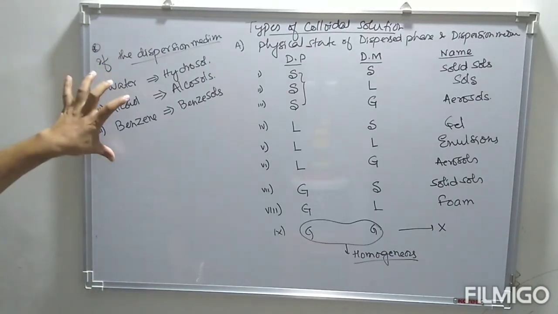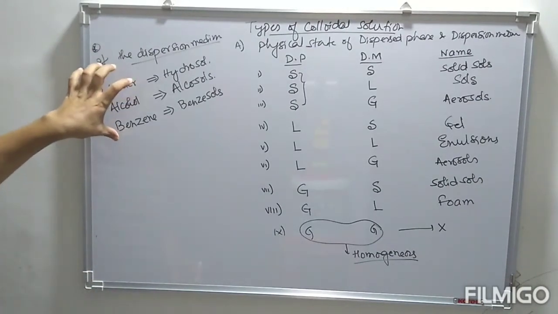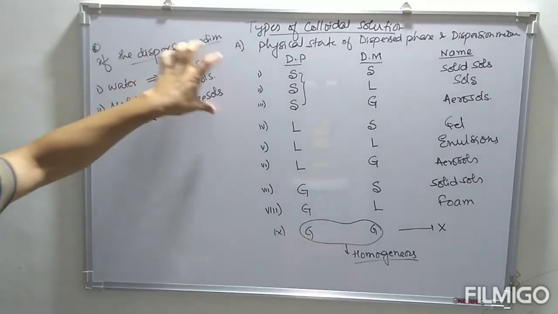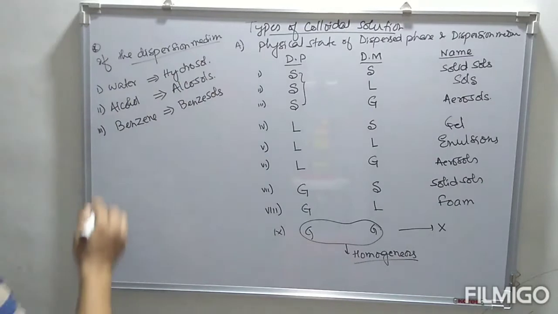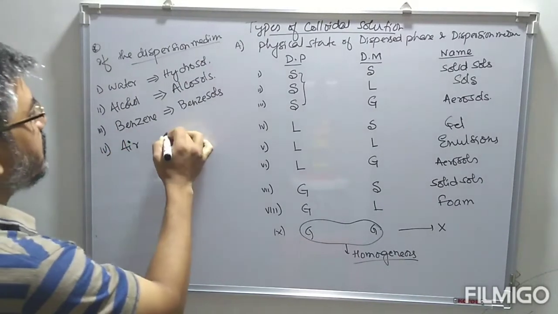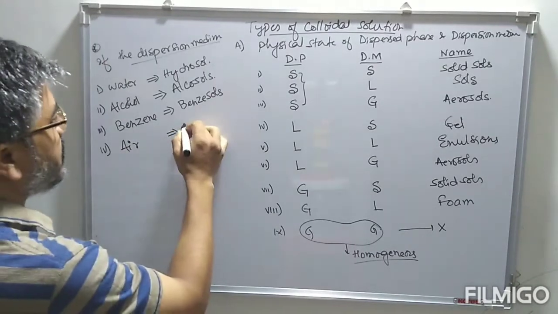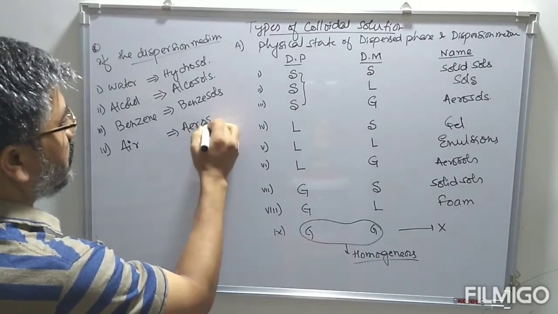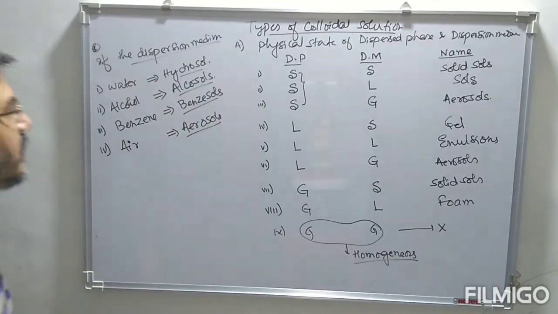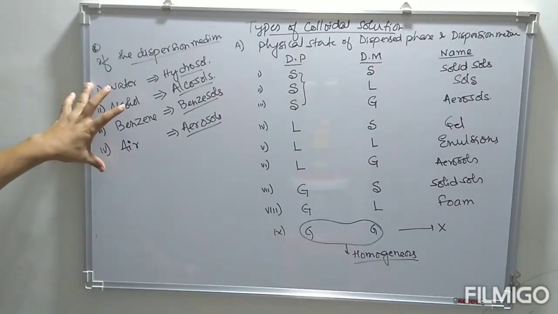So depending on the dispersion medium used, specific names are given. If the dispersion medium is air, then colloidal solutions are known as aerosols. So these terms are given for specific dispersion media.